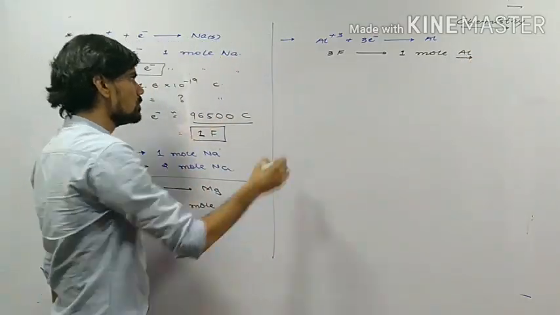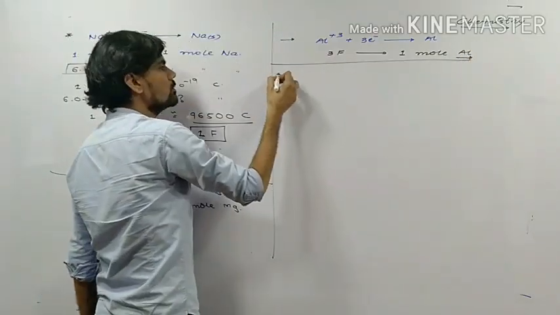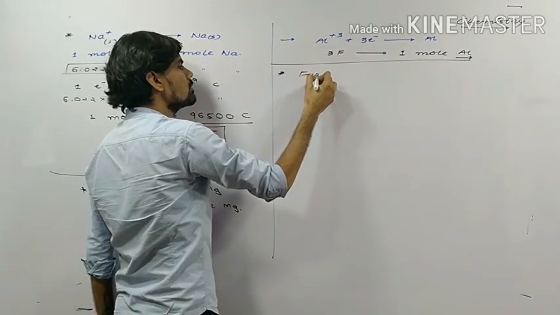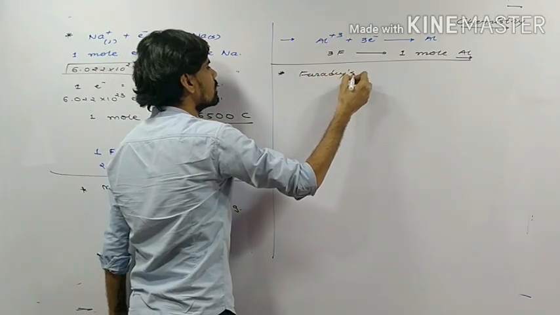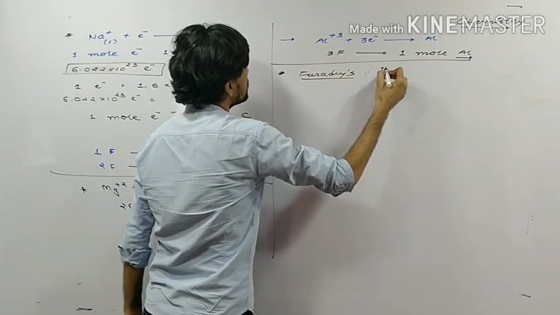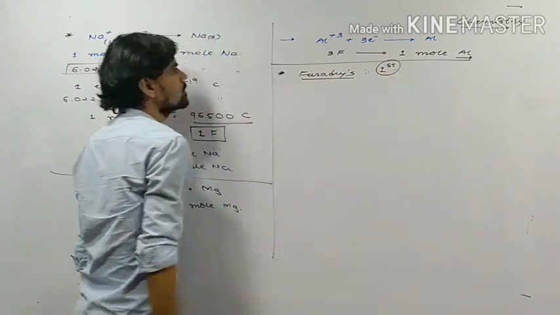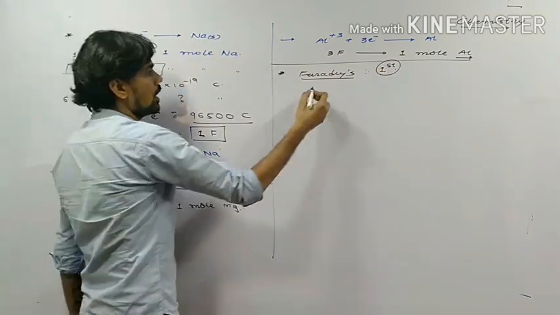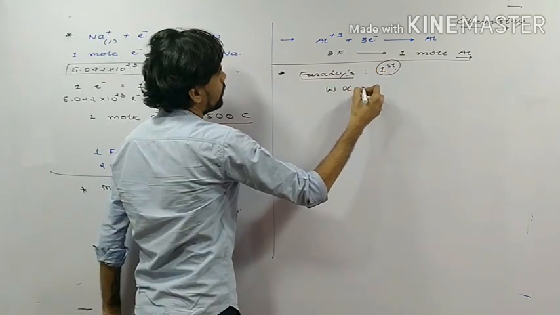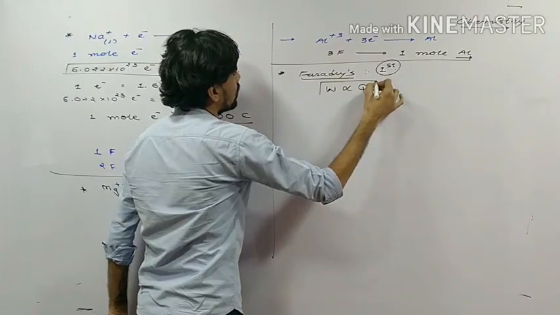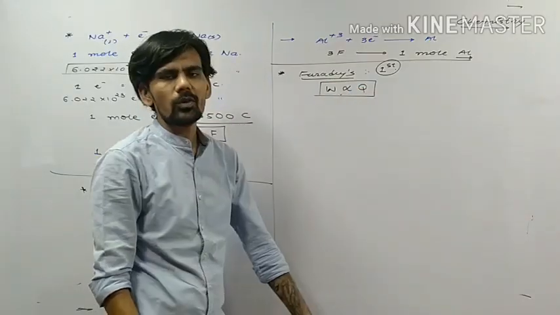Okay, so Faraday's first law is W proportional to Q. W proportional to what?